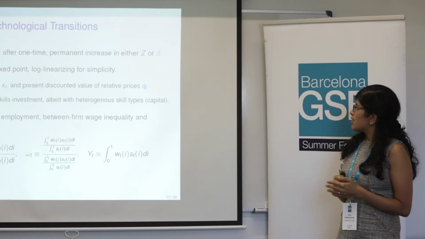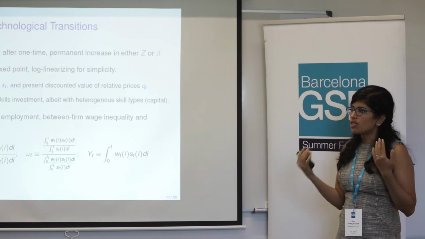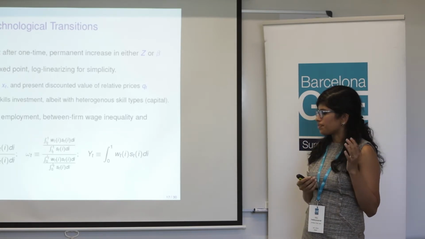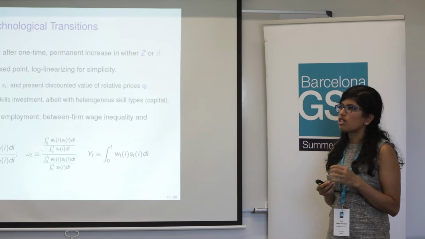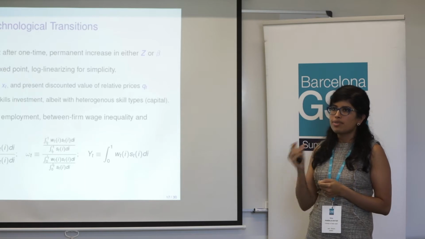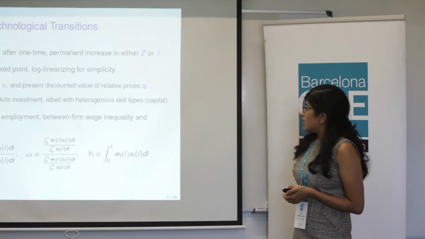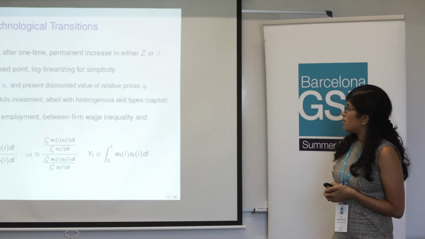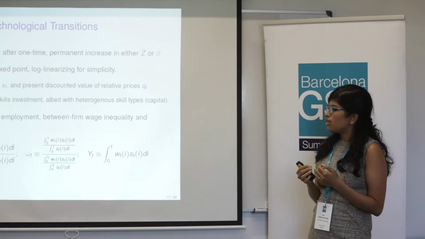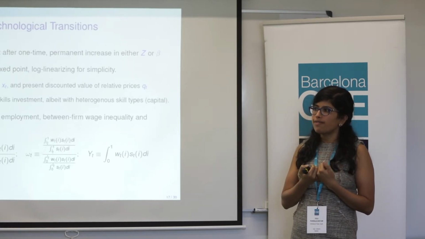The only caveat here is we have heterogeneous skill types that are not perfect substitutes, and so the convergence is going to be determined not just by the adjustment cost parameters, which here are the psi on the cost of adjusting skills, and delta, which is the birth and death rate, but it's also going to depend on the heterogeneity of skills from the point of view of the cognitive firm.